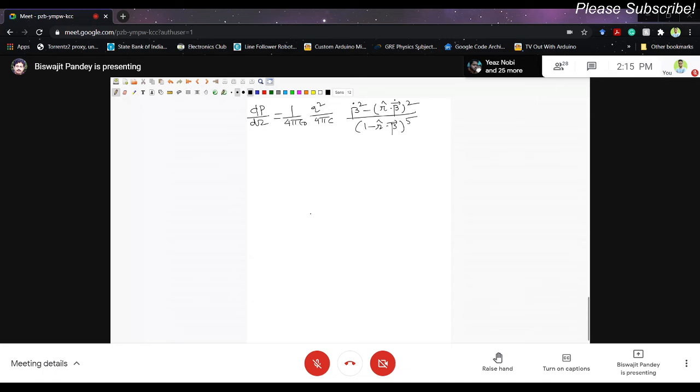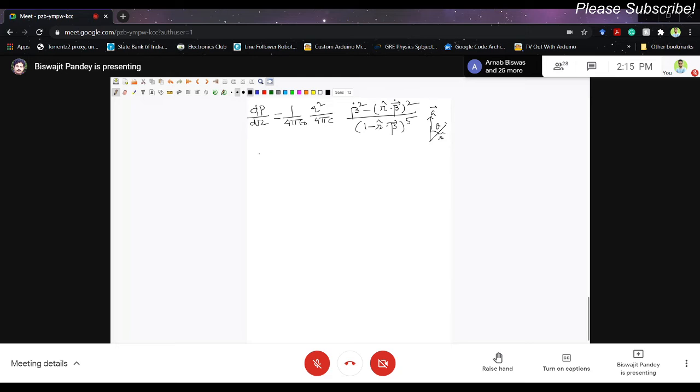You see the angle between acceleration and the radius vector is already decided. We have denoted it to be theta. The angle between the acceleration vector a, or beta dot, and the radius vector r cap is theta, right? So this will be the dot product, so cos square theta.